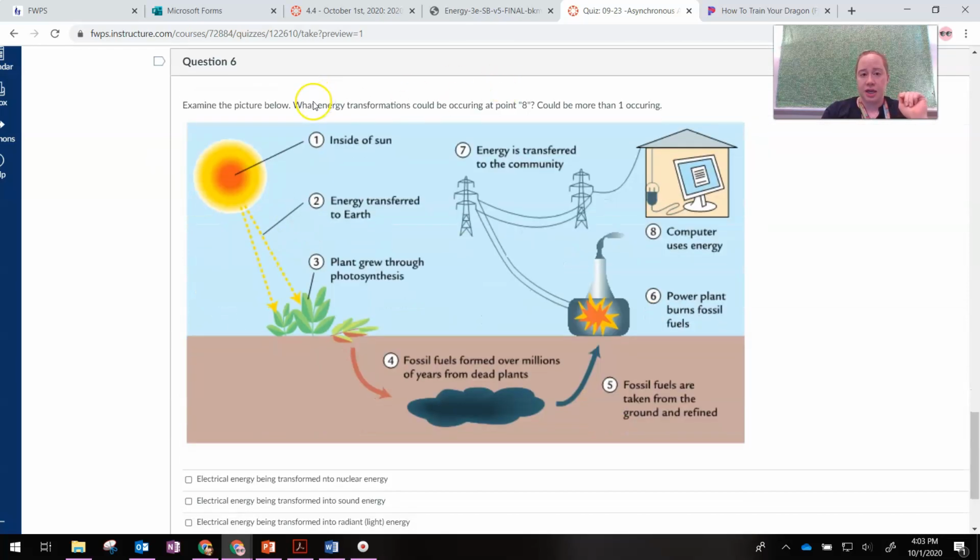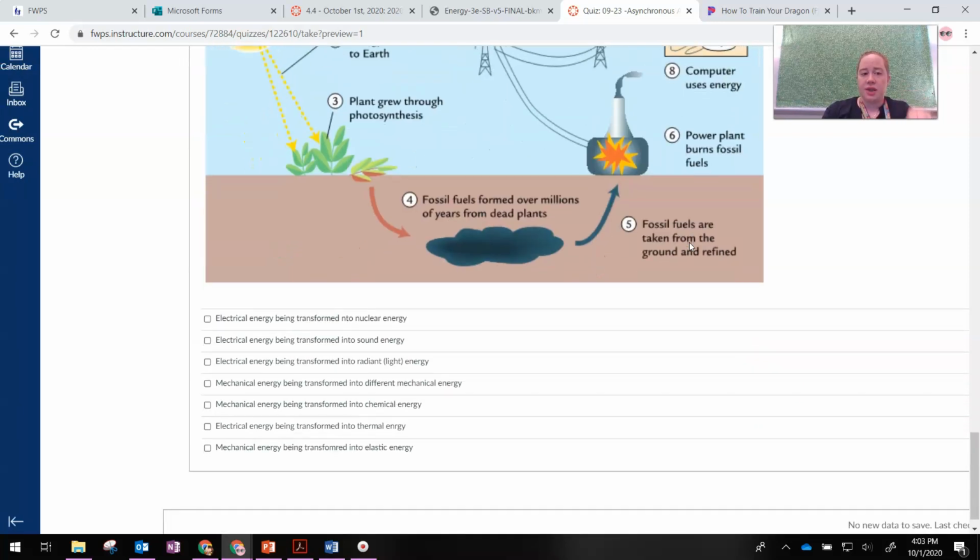And then this last one, energy transformations at point 8, which is the computer being plugged into the wall in your home. There's a lot of electrical energy being transformed. So not to nuclear energy, but sound and radiant and thermal energy are all things that electrical energy is transformed into.